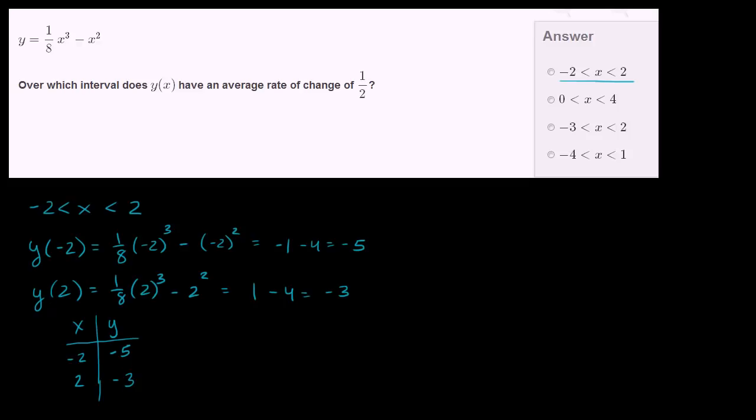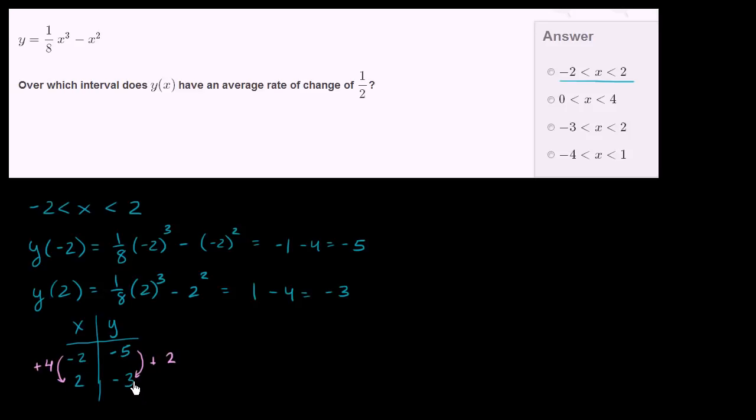So how much did your y change? Well, your y increased by 2. And your x increased by 4. You could get these numbers just by looking at it. The y increased from that point to that point. X increased from that point to that point.